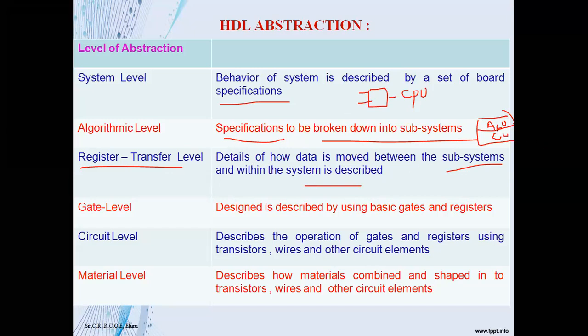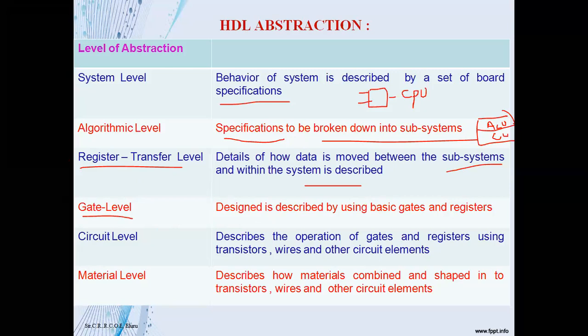So how the data is transferring from one subsystem to another subsystem or within the system. The register transfer level simply describes the data movement in the systems. And then one level down from the register transfer level is the gate level.